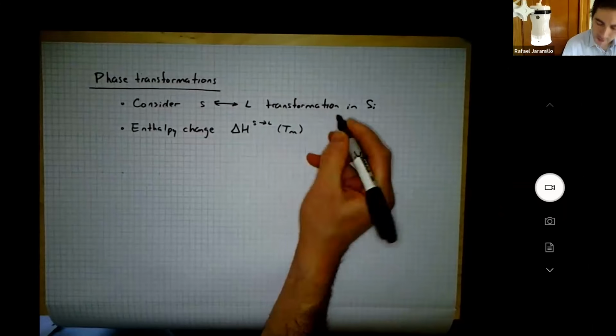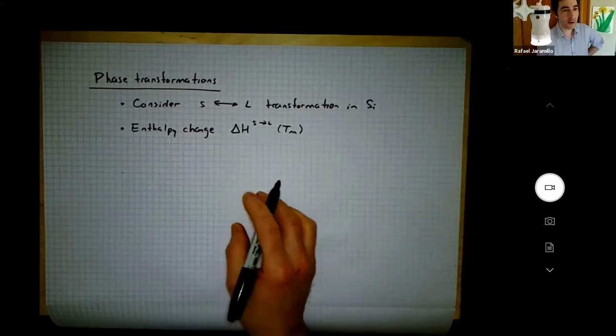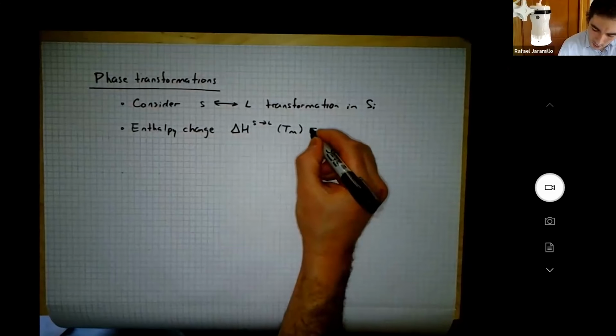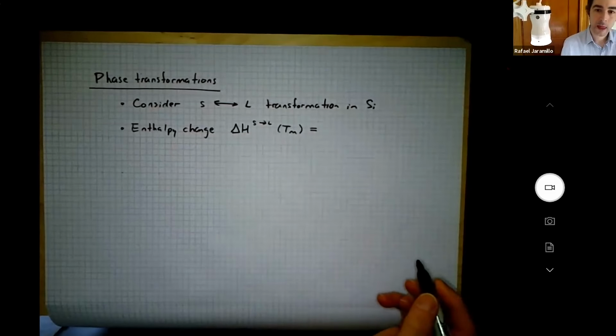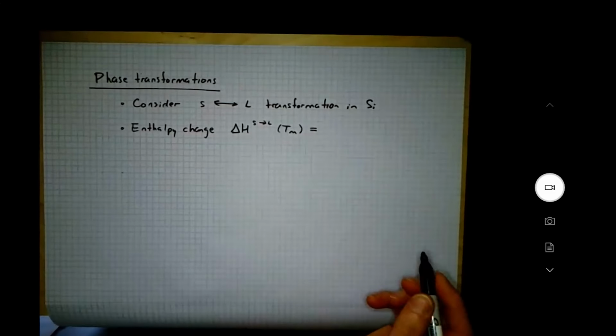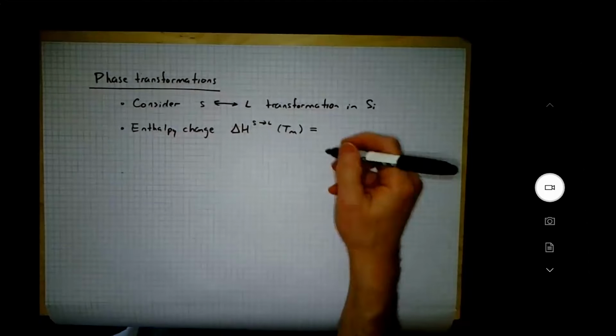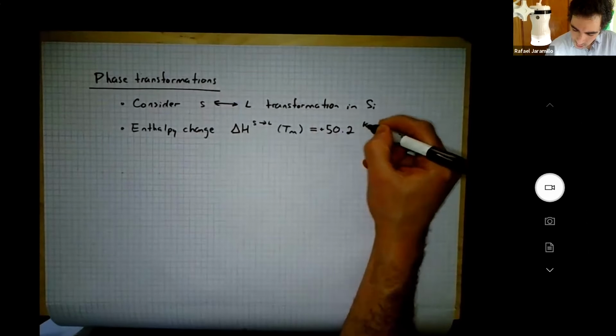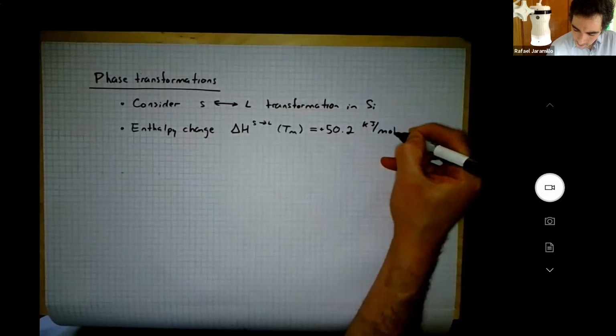Somebody, is that positive or negative? Is that an endothermic or an exothermic process, melting? Endothermic. You have to put heat in to melt something, right? Plus 50.2 kilojoules per mole. I looked it up.